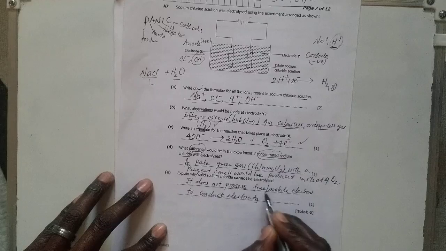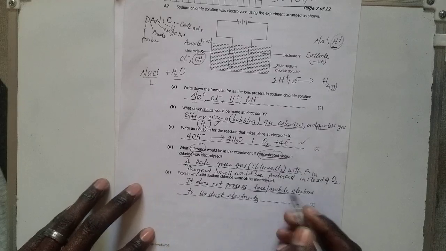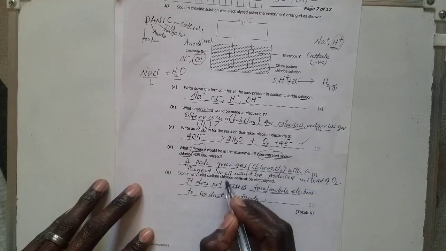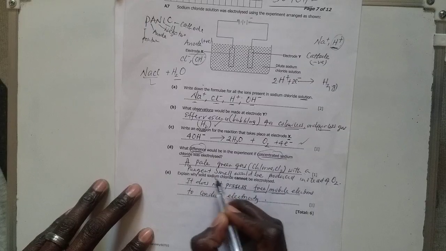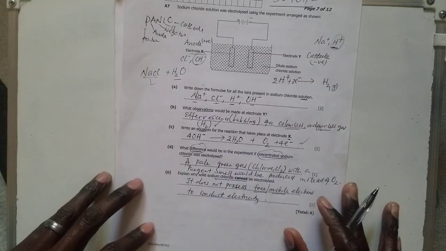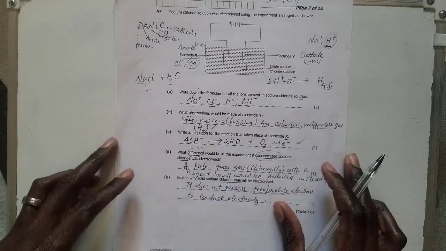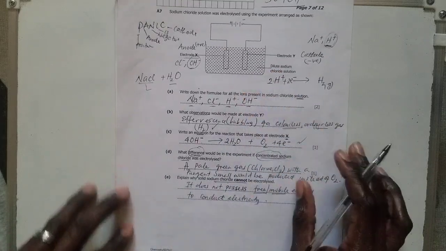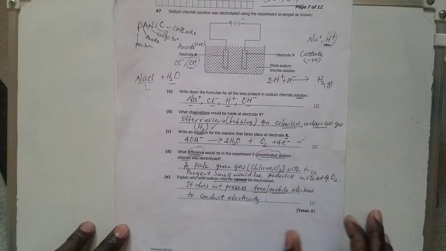Because it does not possess free or mobile ions to conduct electricity, solid sodium chloride cannot be electrolyzed, because an electric current will not be able to flow in the solid sodium chloride.